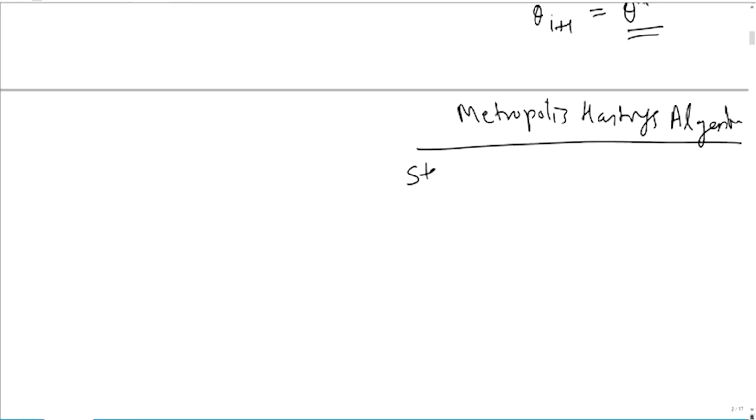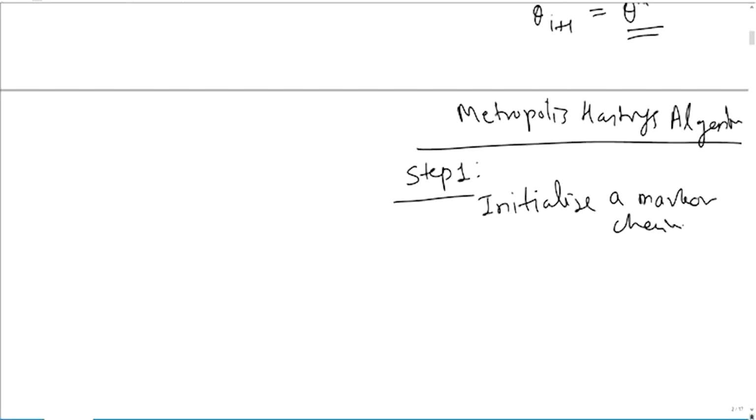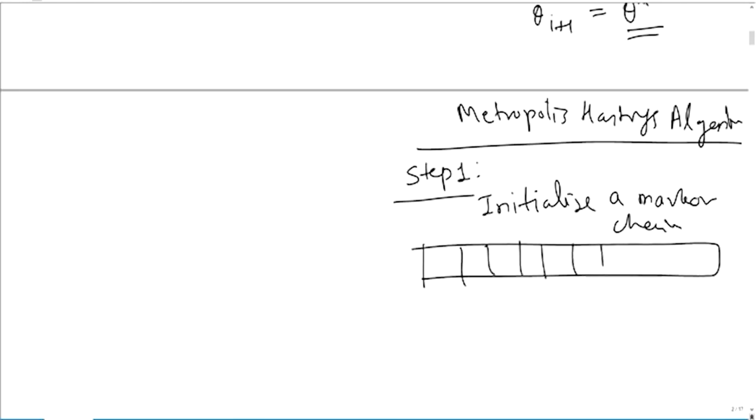So step 1 in this algorithm is to initialize a Markov chain. You begin with an empty Markov chain, and you initialize it with a value of the parameter.